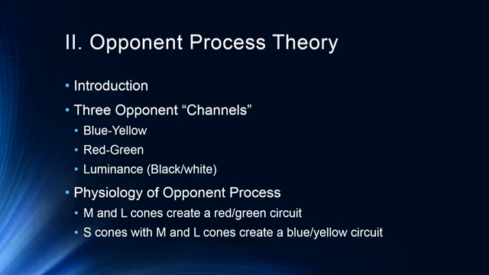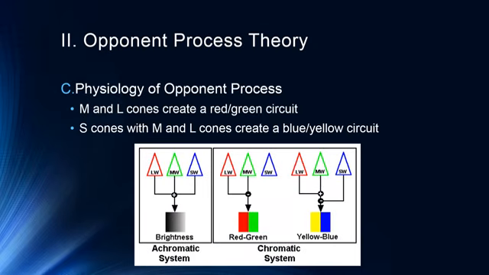So what this indicates is those S cones are necessary for any blue-yellow perception, but only the M and L cones are required for red and green processing, whereas the S, M, and L cones are all necessary for processing blue and yellow. So this is kind of how this all wires up.